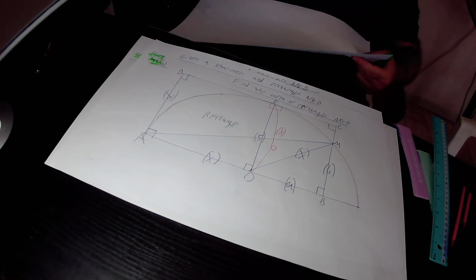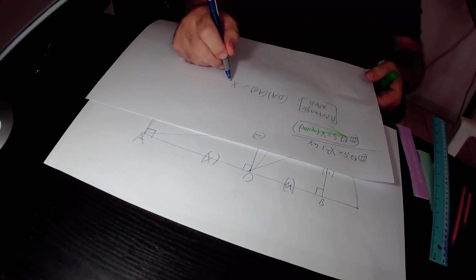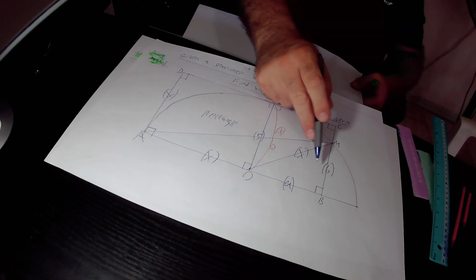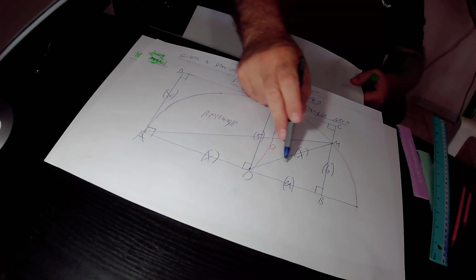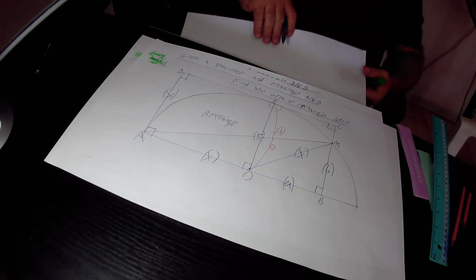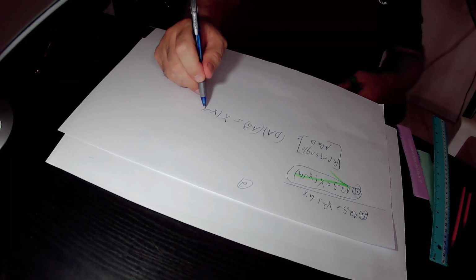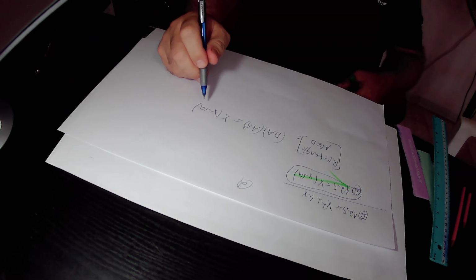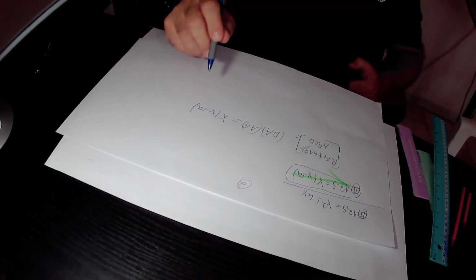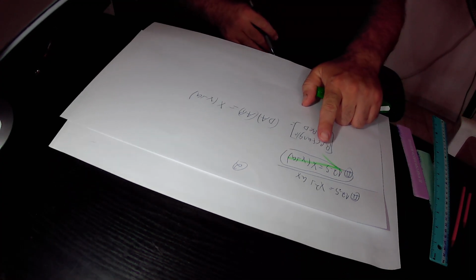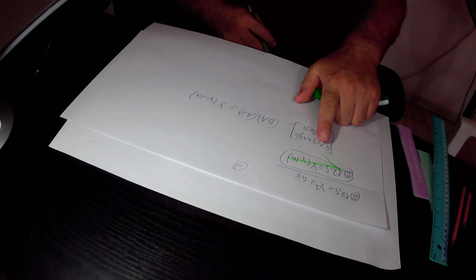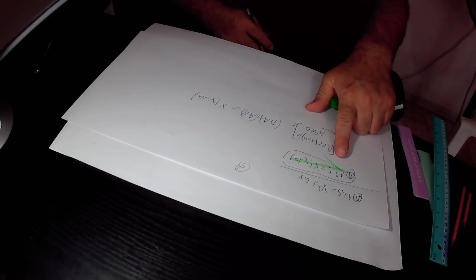DA is X, and AB in total equals X plus A. So in total, we found out that the area of rectangle ABCD equals X times (X plus A). But according to equation 2, X times (X plus A) equals 12.5.